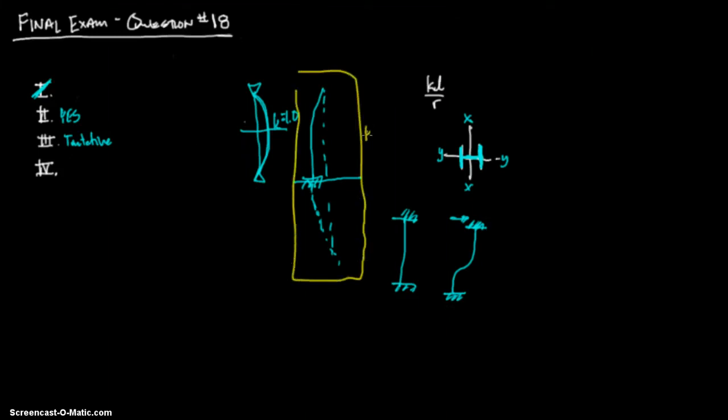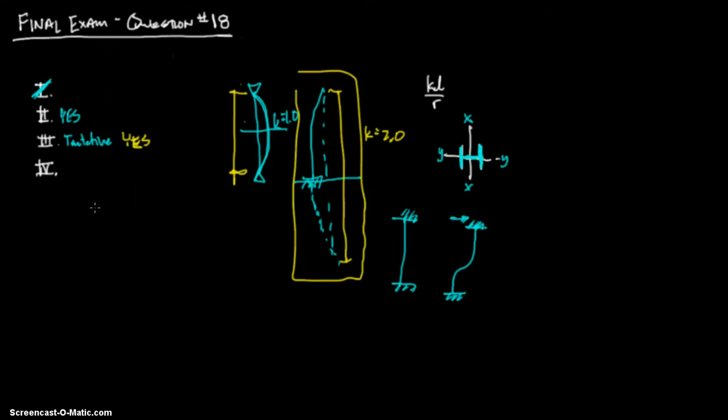And this is K equals 2, I believe. You can see that this length is going to be twice that length. And that's where K comes from. Alright, so I know that this is actually a yes. If you want to look into that further, go look in a structural book where they derive these K's. I'll do videos on it in the future. But as for right now, I think that's a good enough explanation.